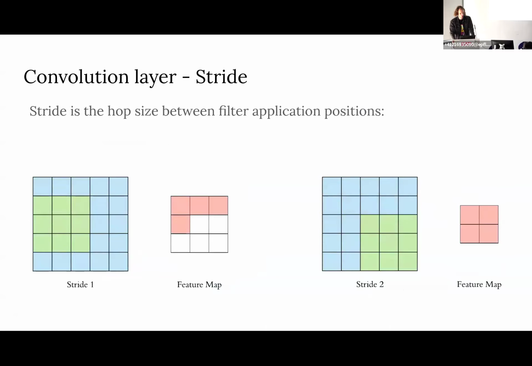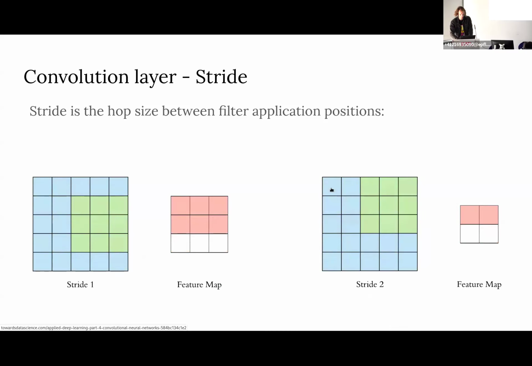Also, you have a so-called stride, which says what is the length of your jump when you move your filter. By default, it is 1, meaning that you take your filter and you move it to the next cell, etc. However, maybe you want to skip one column and jump through 2 cells, like here on the right.